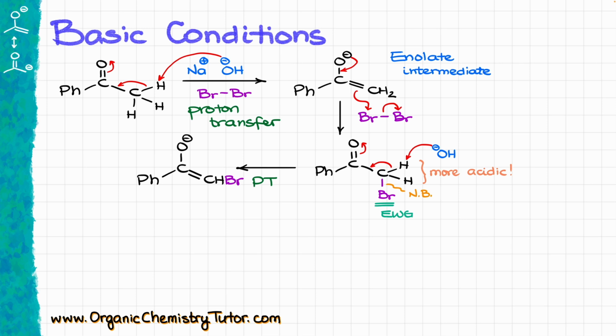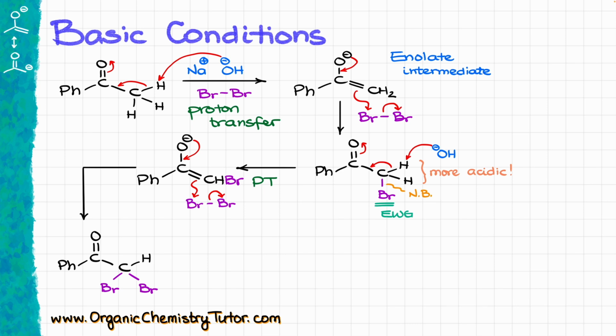Now, that enolate already contains one bromine, and for as long as we have more of our electrophile floating around, and we have another molecule of bromine, well, our nucleophilic enolate can now react with our electrophilic bromine again, giving us a product with two bromines in the alpha position.